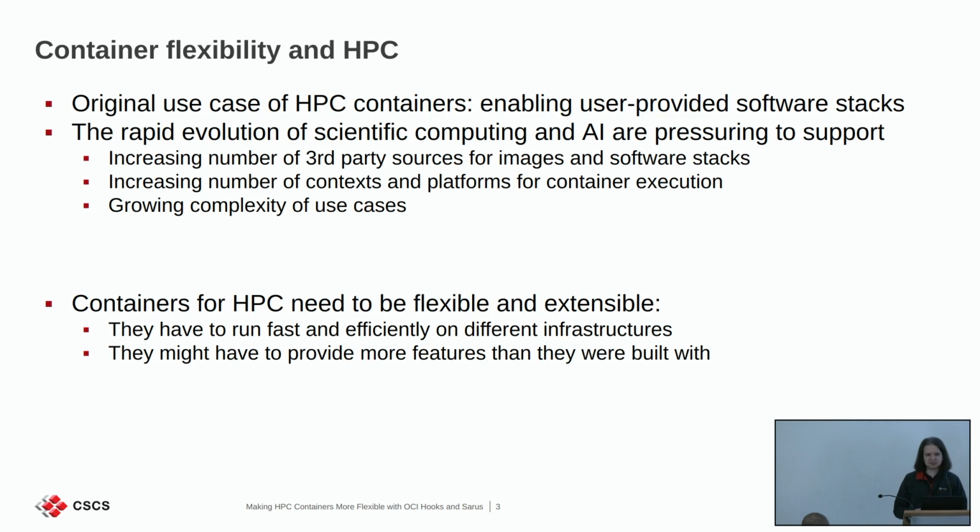Because there is an increasing number of third-party sources, for example third-party portals, which provide images which users might want to use, and the software stacks are becoming more and more complex. The prime example would be the NVIDIA NGC with their AI and ML containers with these huge machine learning frameworks. So it's getting increasingly difficult for any one person to completely own the stack and produce a full image on their own. So we might have these images with different provenances.